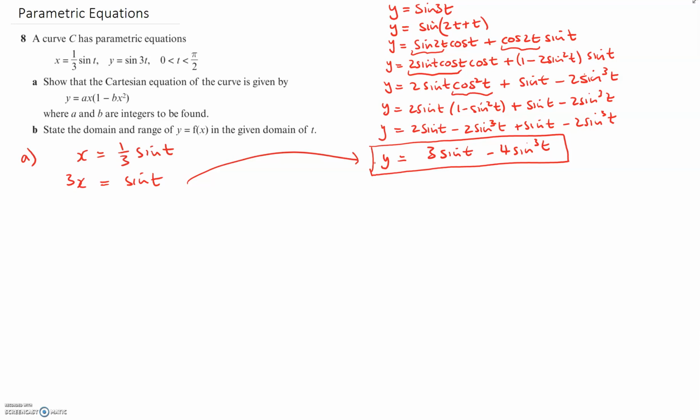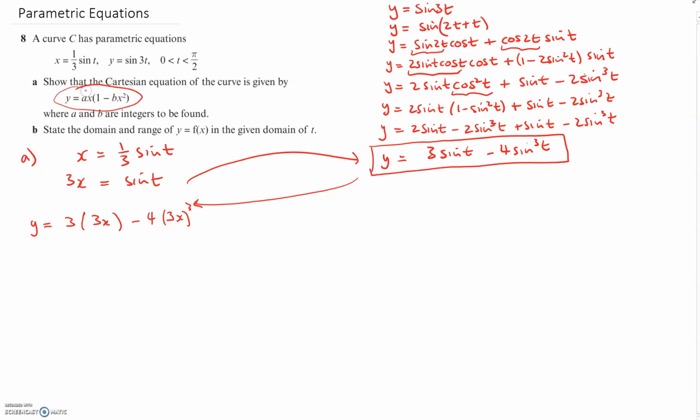We're now going to rewrite this so it's Cartesian. So bringing this back down to here, I've got y equals 3 sine t, and remember sine t is 3x, minus 4 sine cubed t, which is that.